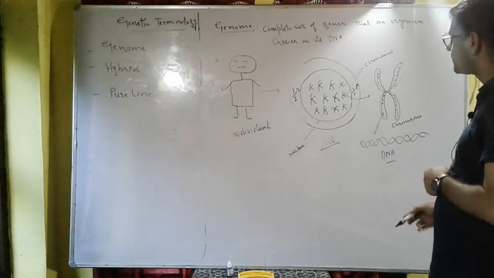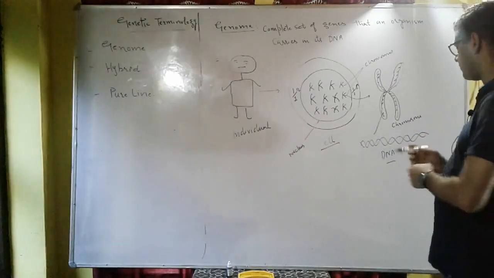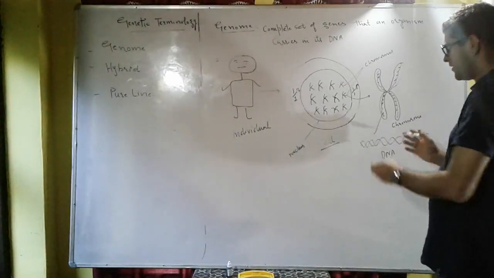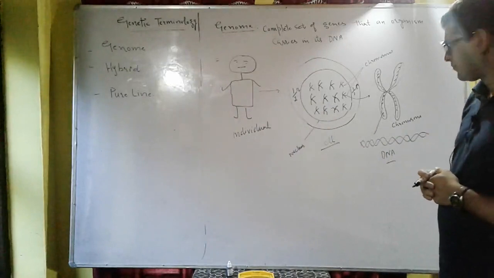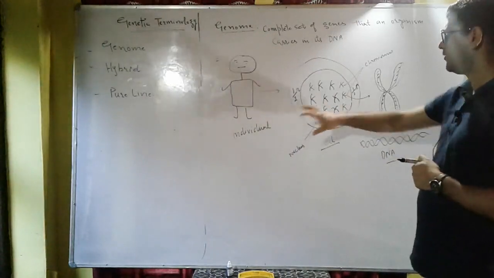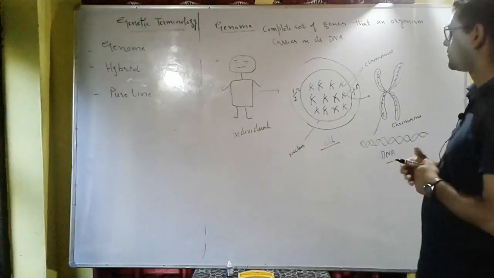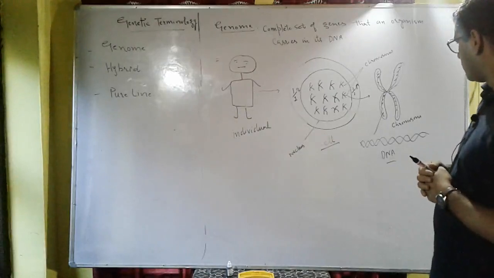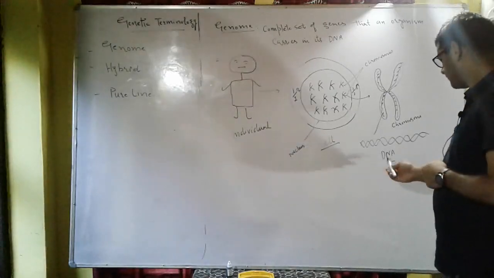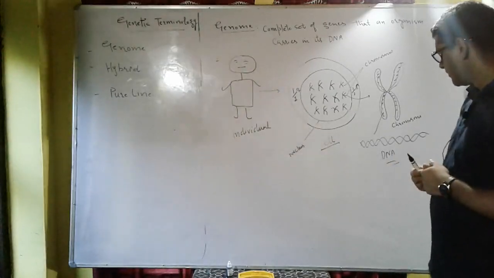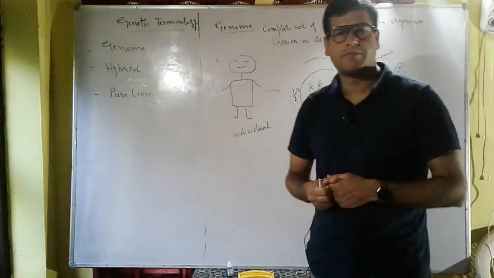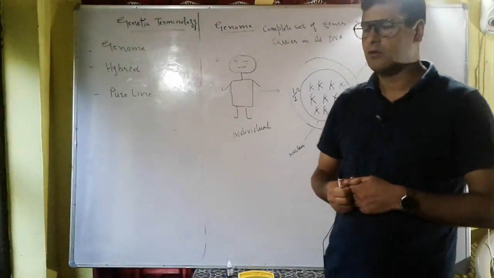So we can say that the total set of genetic information in an individual, that will become its genome. A complete set of genes which are present in an individual, that is called as its genome.